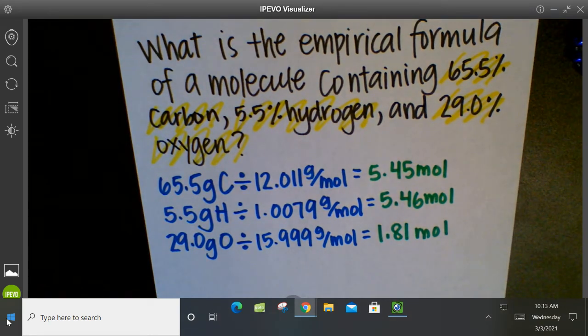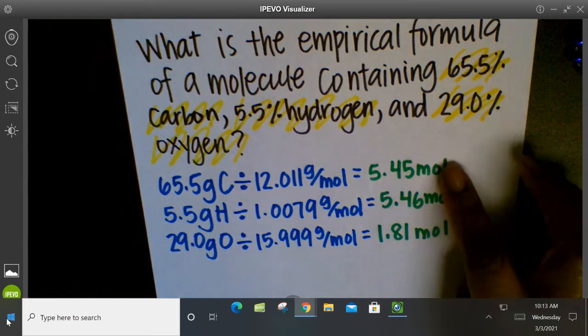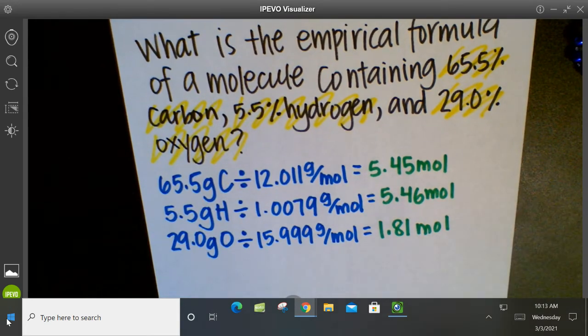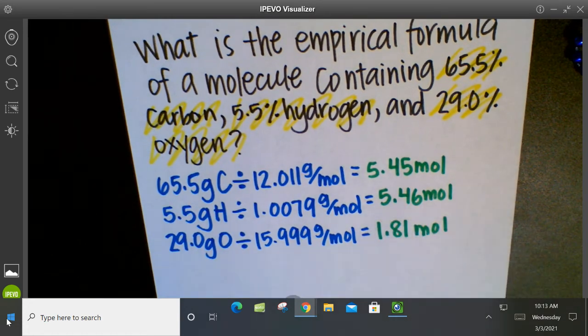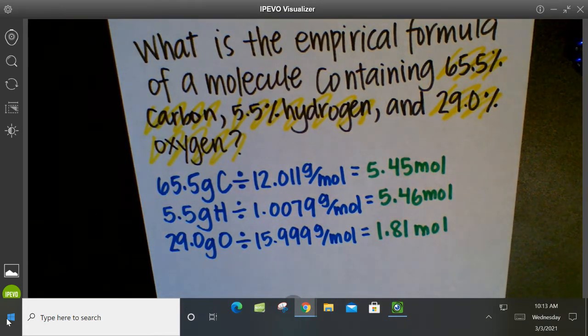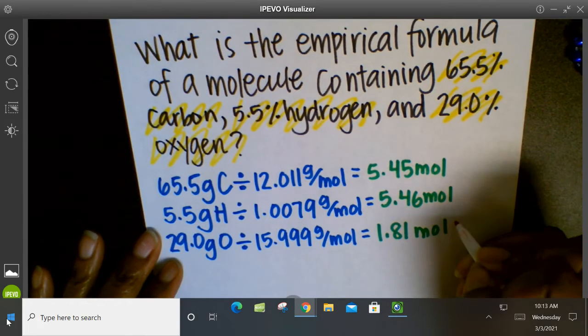Now that we have our moles, okay, what we do is we look for our smallest value. And we are going to divide our moles that we just calculated. We're going to divide all of them by the smallest one. And so 1.81 is the smallest value.